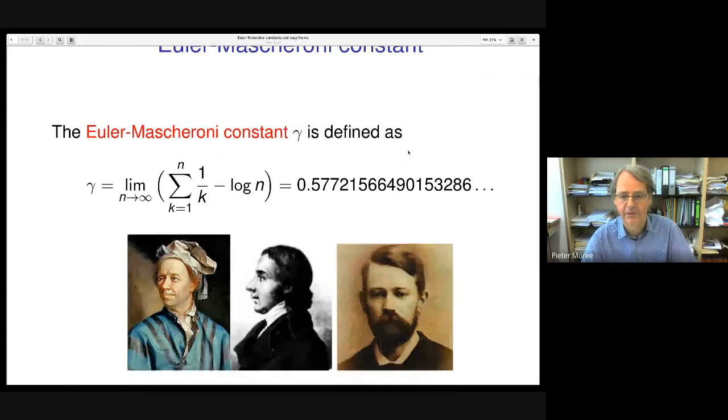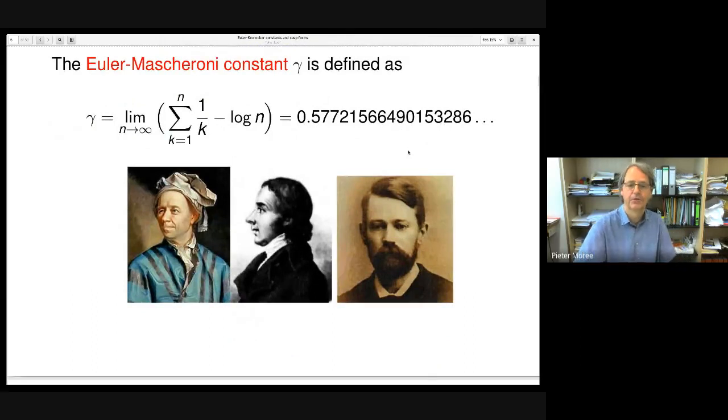And so here we have three mathematicians. That's of course Euler, and the middle one is Mascheroni, who computed the Euler constant with 20 decimals. But apparently he made a mistake, at the 12th decimal.